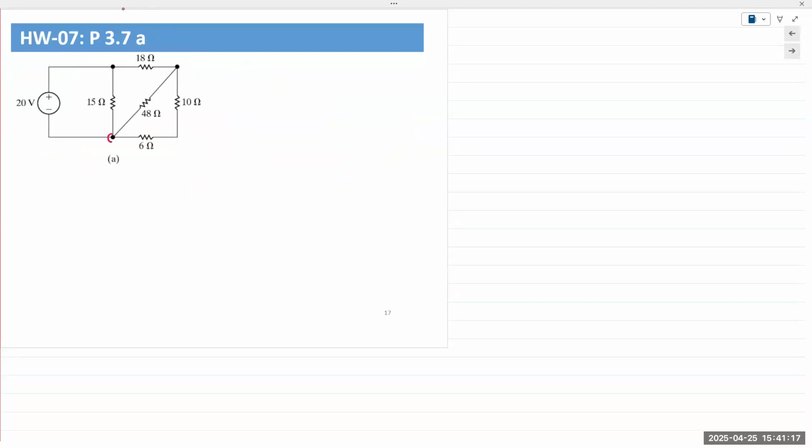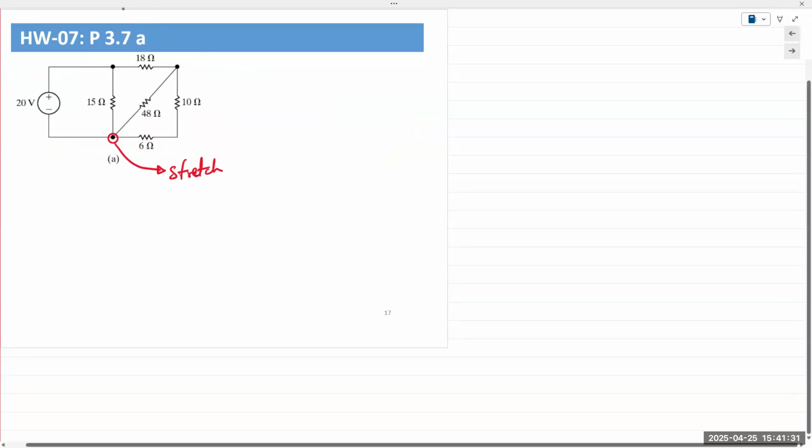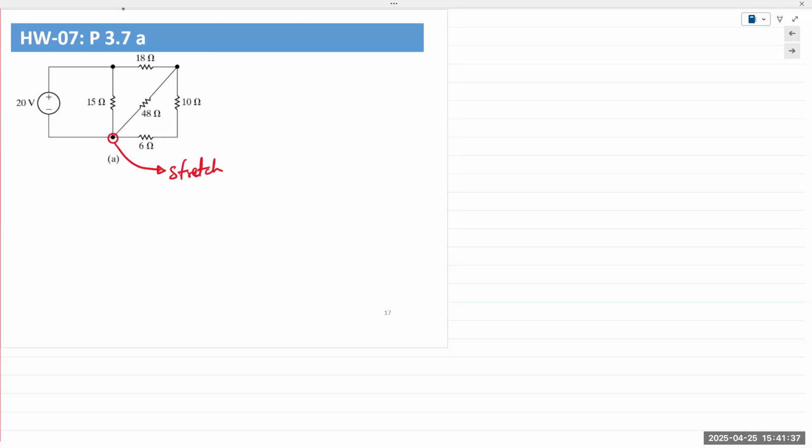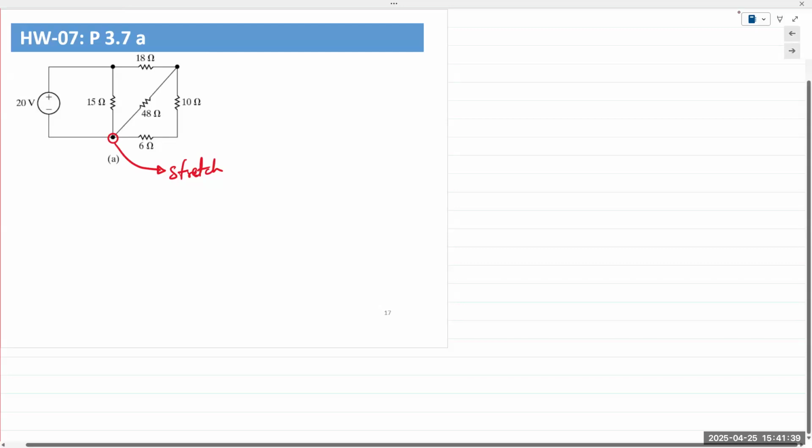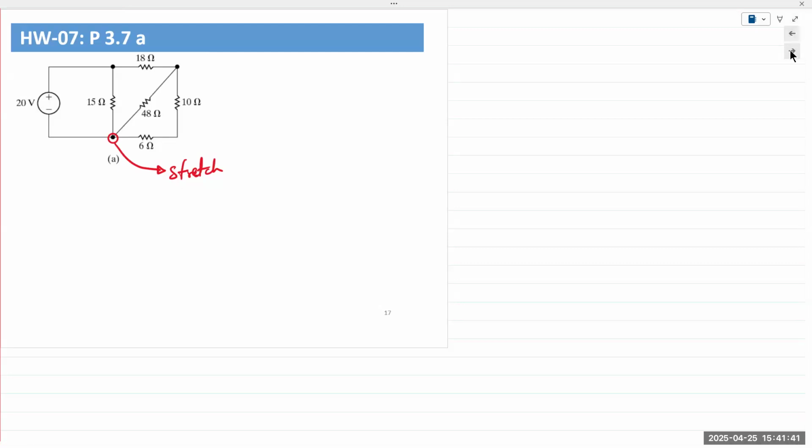So all we need to do is you take this node and you stretch it out. Okay, stretch it out. So I won't spend too much time on here. This should be rather straightforward, similar to the first example.